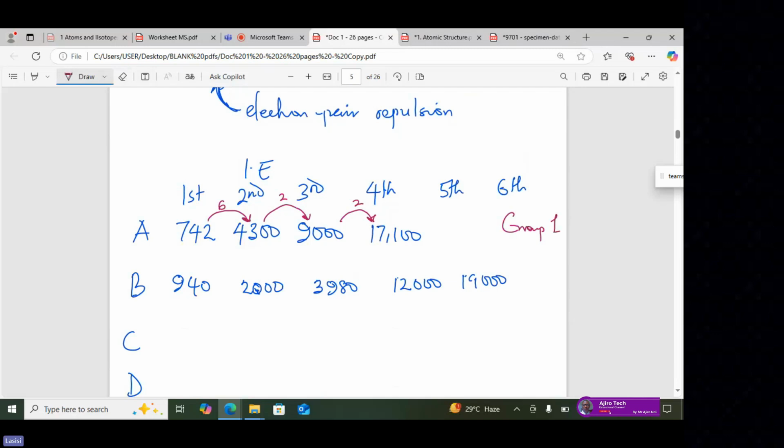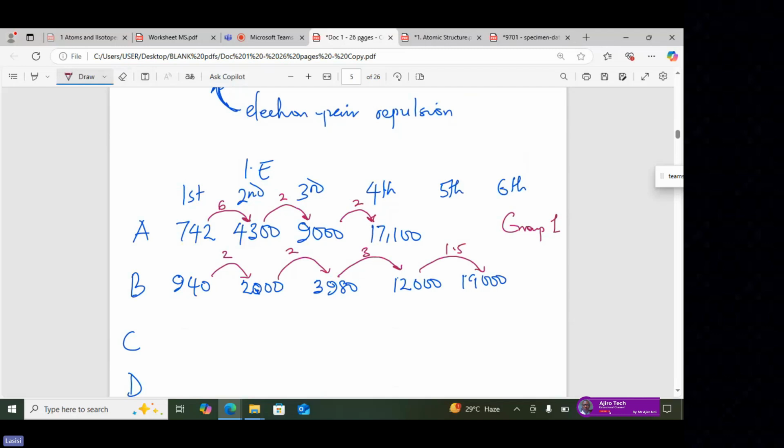Now the second electron was removed from a different shell. Try number 2. Between first and second, it increases about times 2, about times 3, about times 1.5.